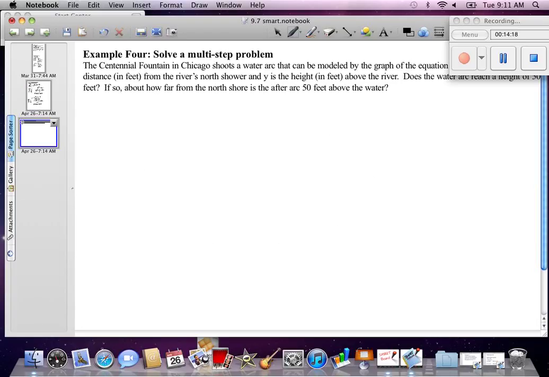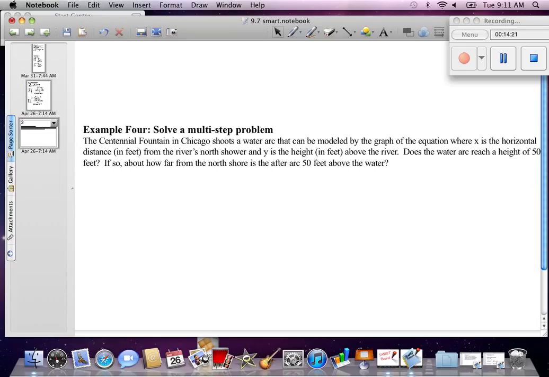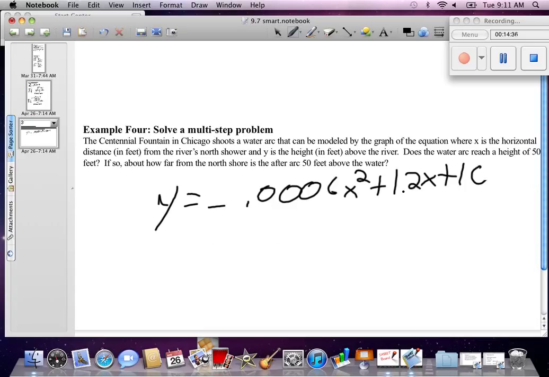So, the Centennial Fountain in Chicago shoots a water arc that can be modeled by the graph of the equation y equals -0.0006x squared plus 1.2x plus 10, where x is the horizontal distance in feet from the river's north shore, and y is the height in feet above the river. Does the water arc reach a height of 50 feet? Okay, that's all. We're not going to answer the second question. We're just going to answer the first question.